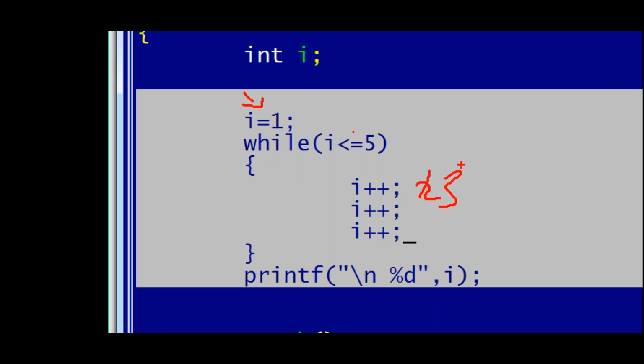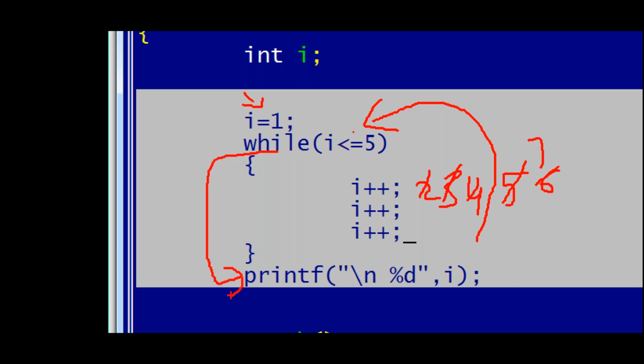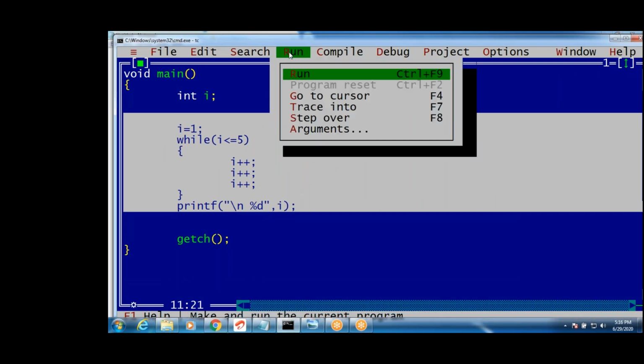Again I plus plus 5, I plus plus 6. Again I plus plus 7. 7 less than or equals to 5? False. It comes outside. What is I value? 7, right? Answer is 7. Okay. Very good. Next one, guys.